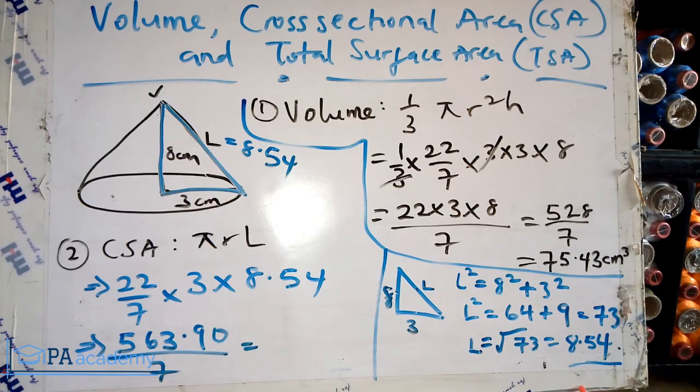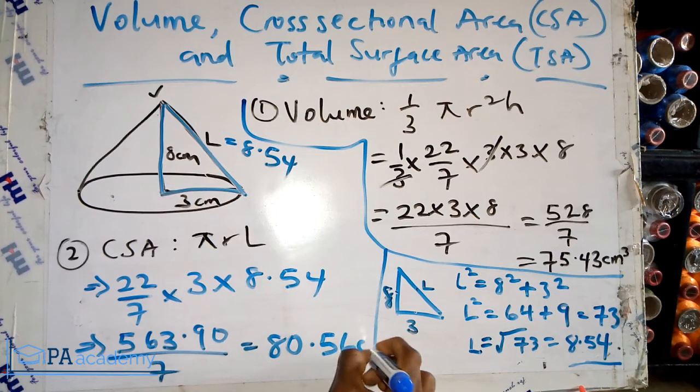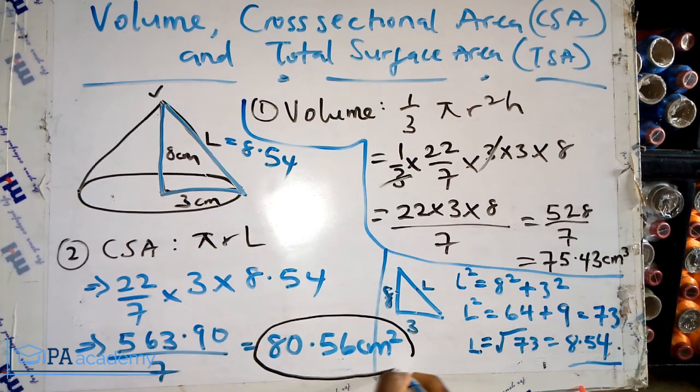If we divide it by 7, that will give us 80.56 centimeter square. So right here is the area of the curved surface, 80.56 centimeter square.